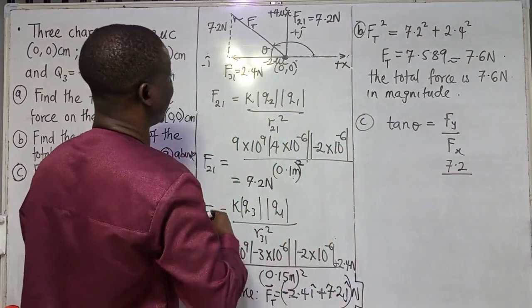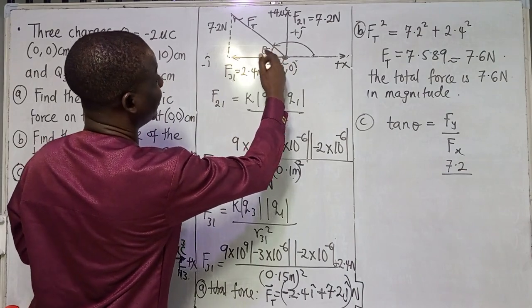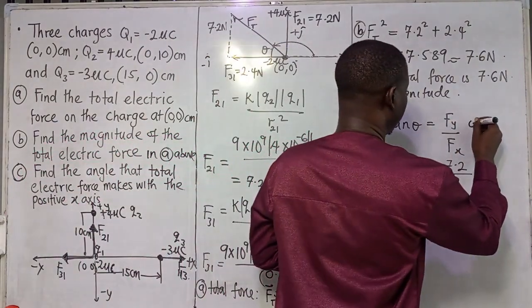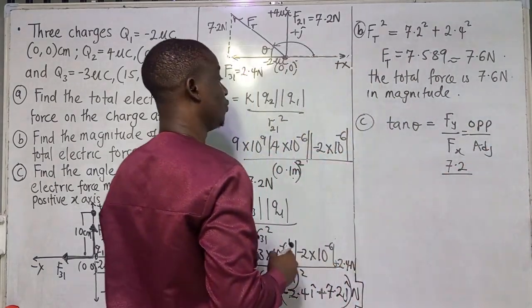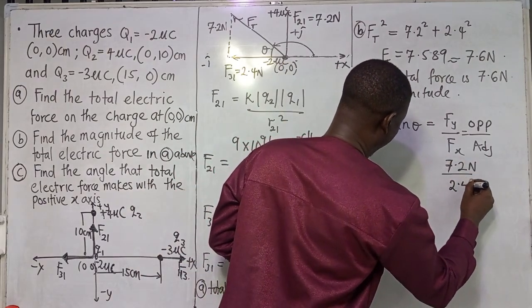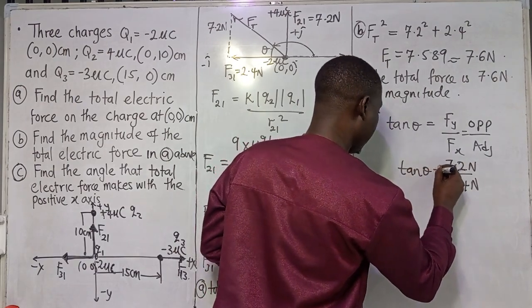Even if you want to use SOHCAHTOA, tan is opposite over adjacent. So 7.2 Newton divided by 2.4 Newton equals tan theta.